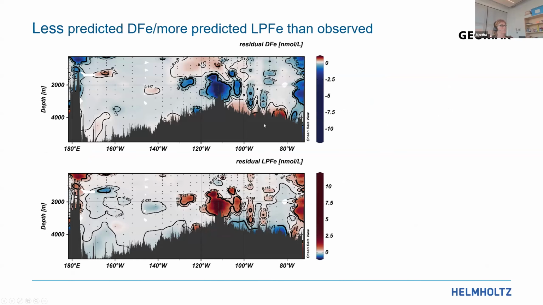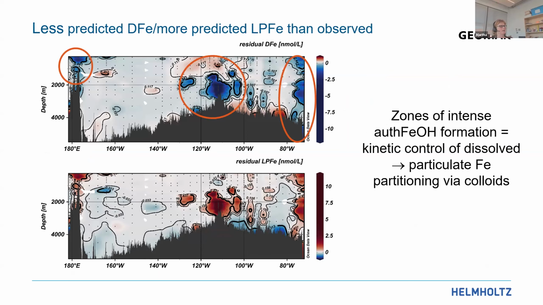So first of all, we can look at where there's less predicted dissolved iron and more predicted labile particulate iron than observed. That's in the blue shaded areas on the top plot, and the red shaded areas on the bottom plot. And where we see these is near iron sources. These are areas where you have a lot of iron input, and I think this points to zones of intense authigenic iron hydroxide formation.